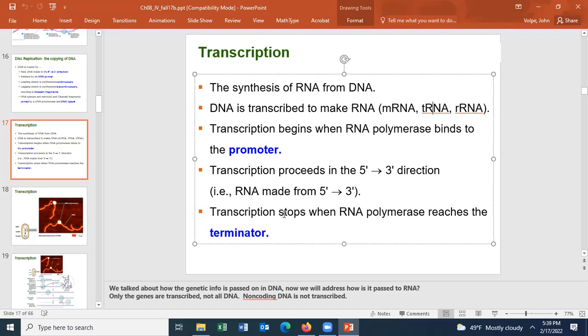In prokaryotes, non-coding DNA is actually a minor part of the DNA, but there is some, and that non-coding DNA will not be transcribed. Any question about any of that? In DNA replication, all the DNA is replicated. But in transcription, only the genes are transcribed.